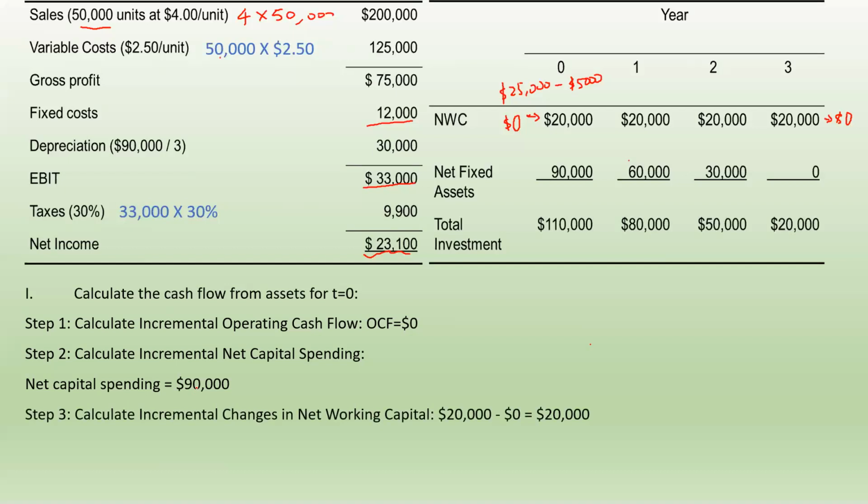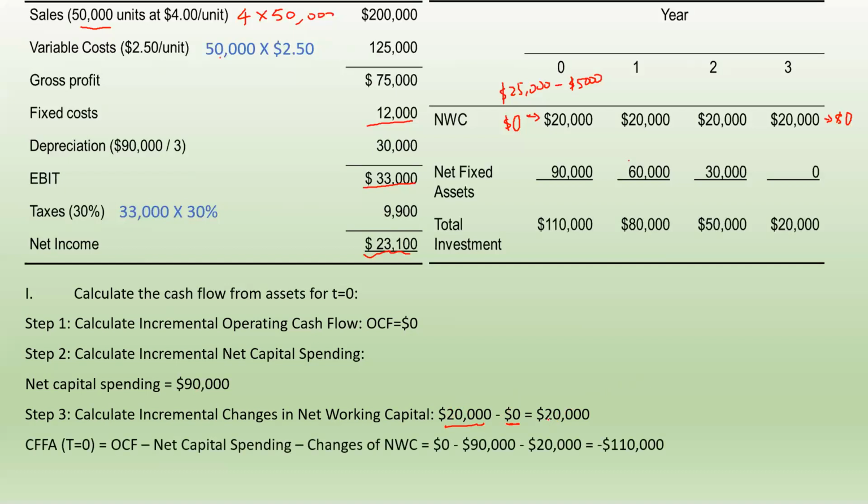The incremental changes in net working capital is 20,000. So the beginning of this project is $0, and then you buy inventory, you owe some to your suppliers, but the rest you have to pay. The payment, the cash outflow, is 20,000. So the incremental changes in net working capital is 20,000.